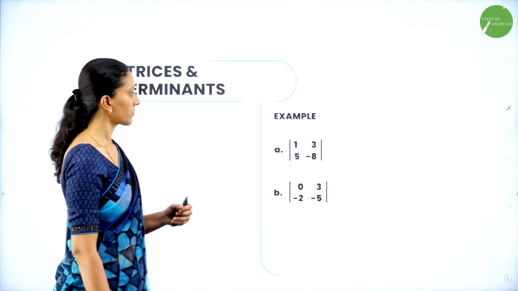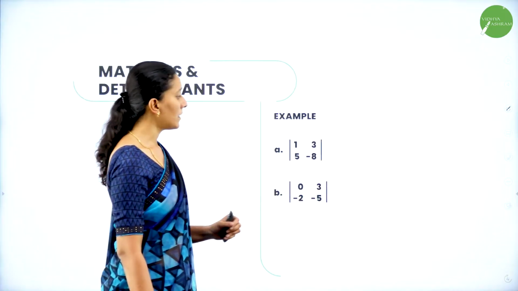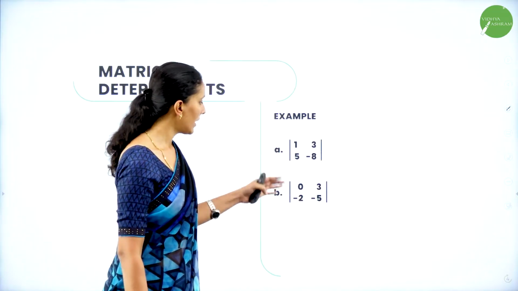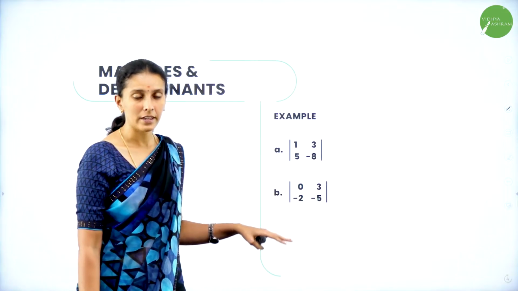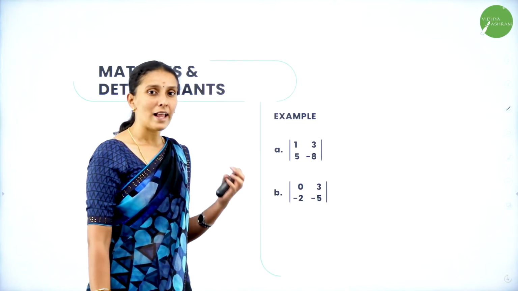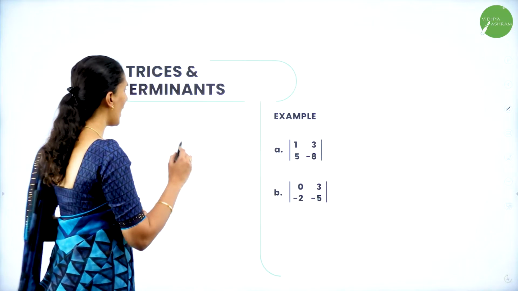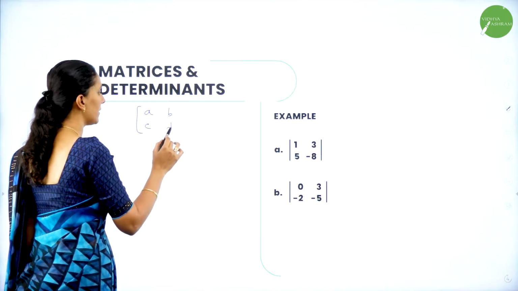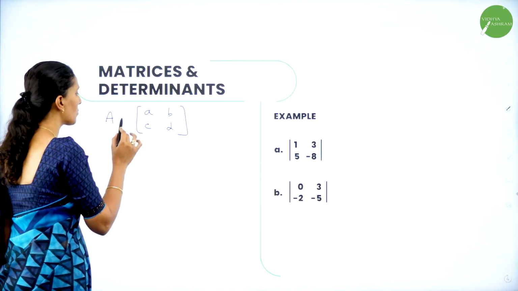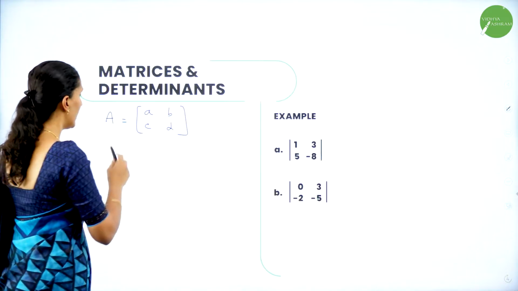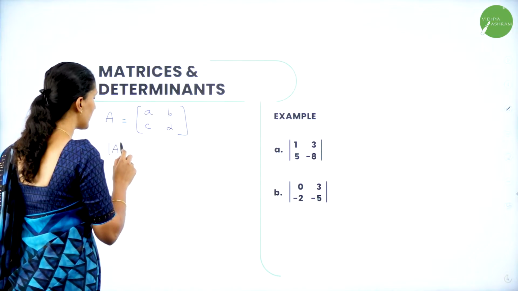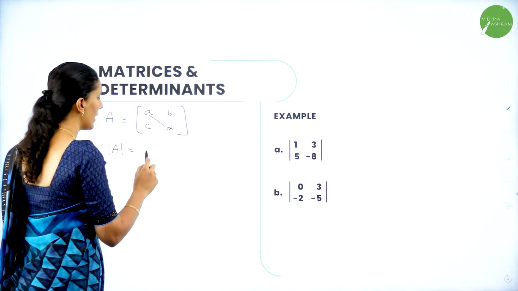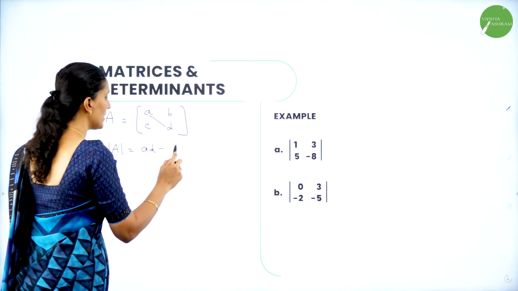Next. Here are examples of how we denote the determinant of a square matrix and how we can evaluate a determinant. Suppose we have a square matrix A, B, C, D. Let A be the square matrix with rows a, b and c, d. Then the determinant of matrix A is given by ad minus cb.